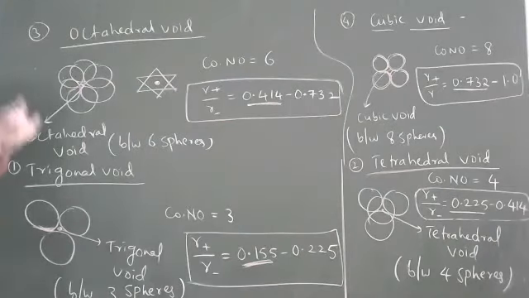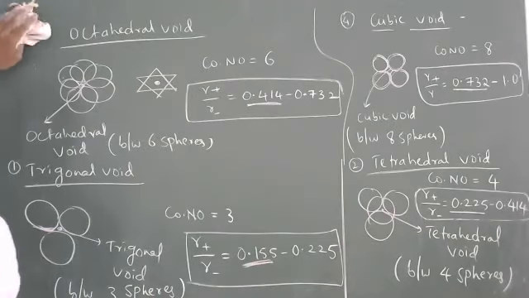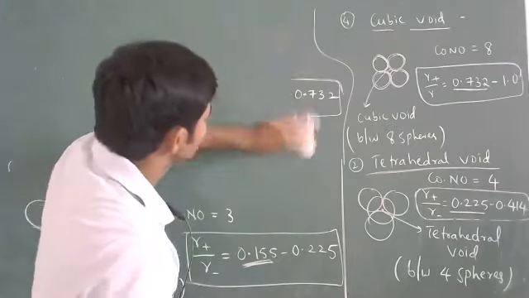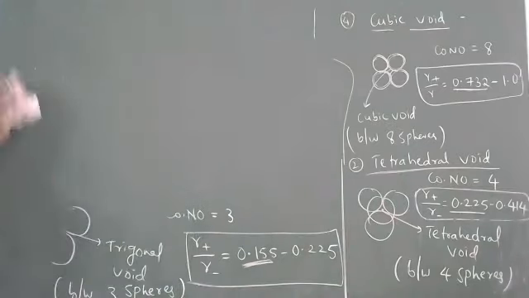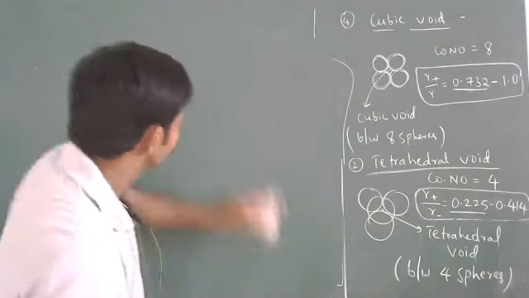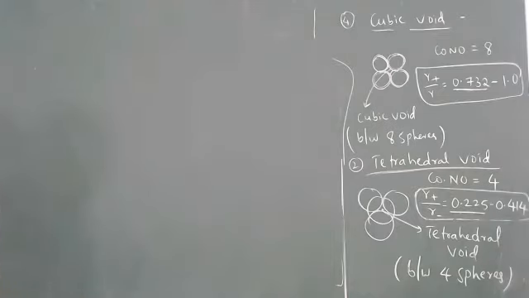Okay. So I'll write one table which explains the complete voids, radius ratio, coordination number, geometry and all. Okay. So listen. I write it on the table here.